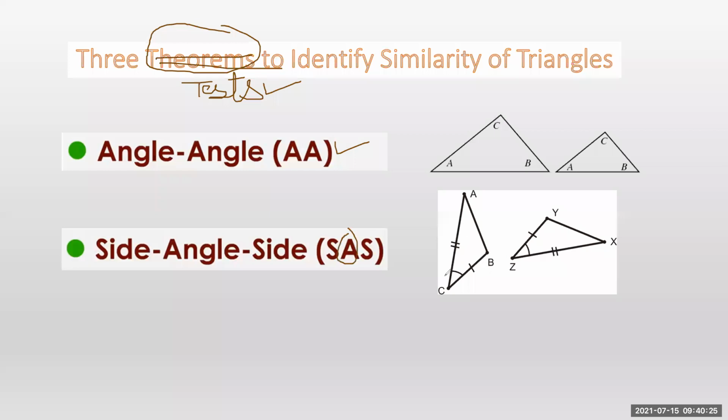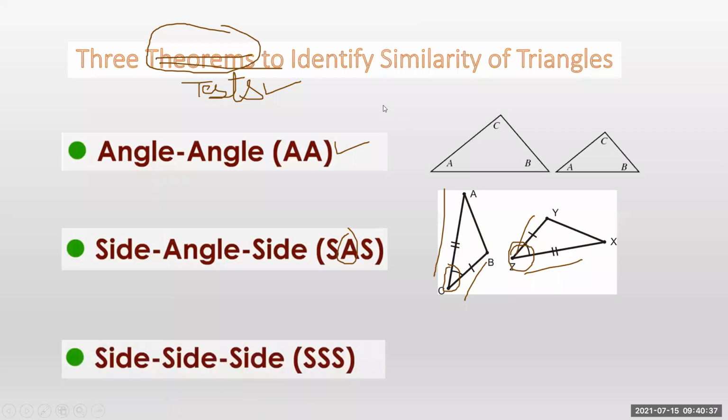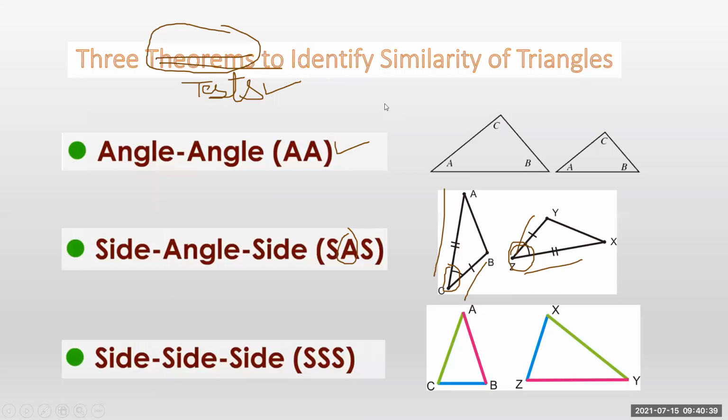So here also the angle should lie between the two sides. Included angle. Understand? And then the side test. Here all the three sides should be in proportion. So these are the three tests to identify the similarity of triangles.